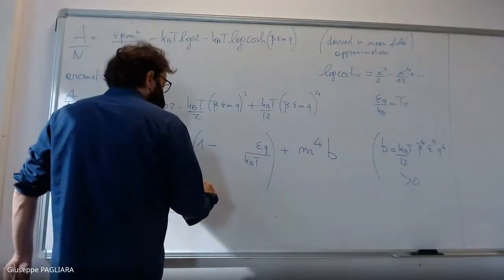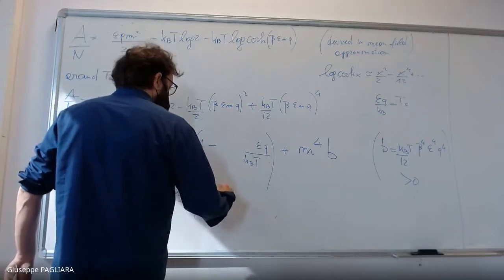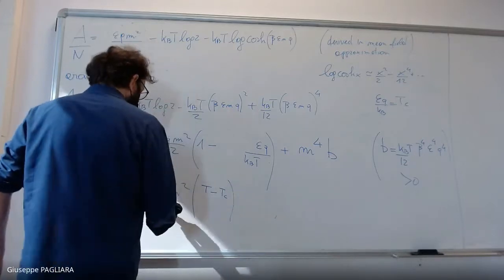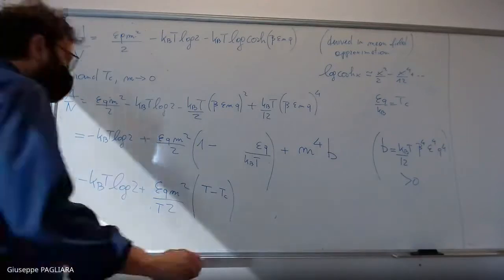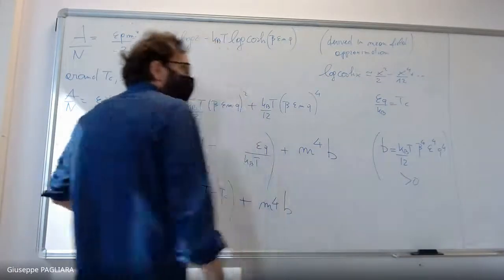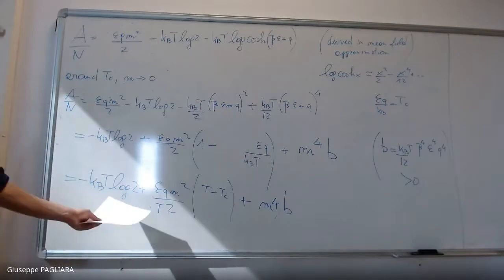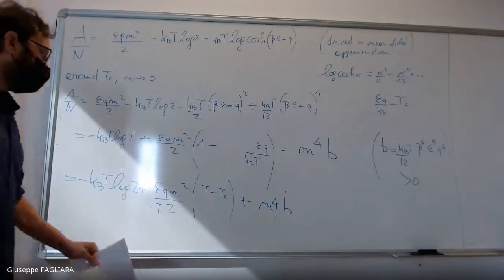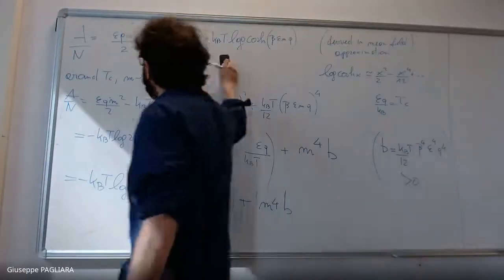Therefore, here I will have T minus Tc, and I have a T here. Plus m to the power of 4 times b. So again, this is another quantity which is anyway constant, epsilon q divided by 2T.